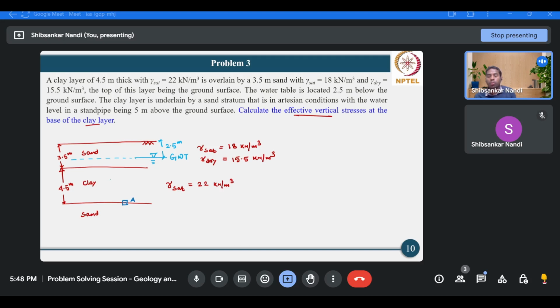Please be very careful about this information, because you have to appropriately address it while calculating the effective vertical stress at the base of the clay layer. So this is nothing but that, suppose this is the standpipe.